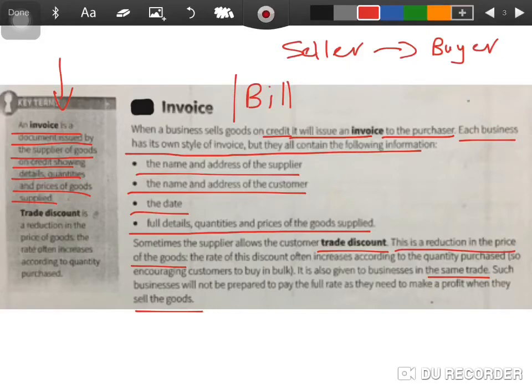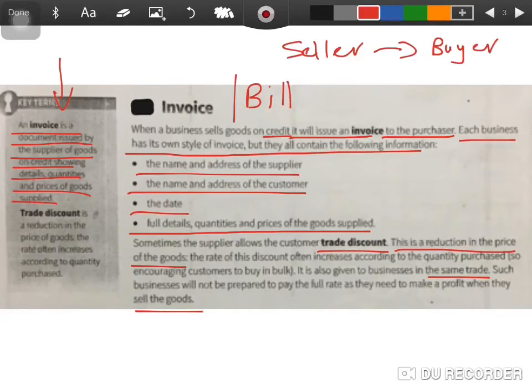And you can also allow trade discount to people who are buying in bulk from you. So basically trade discount is a discount which is only shown in your invoice and is not actually recorded in your accounting books, unlike cash discount. So cash discount is something that is basically recorded in your accounting books.